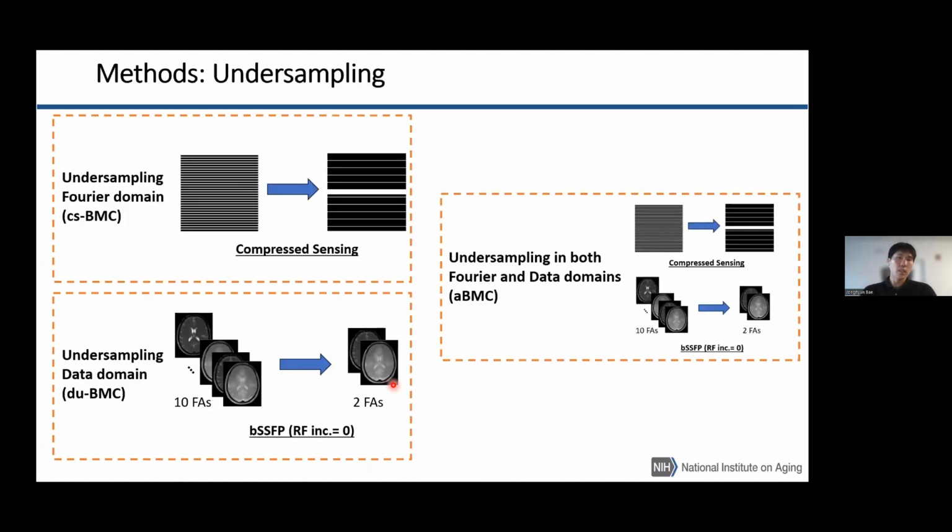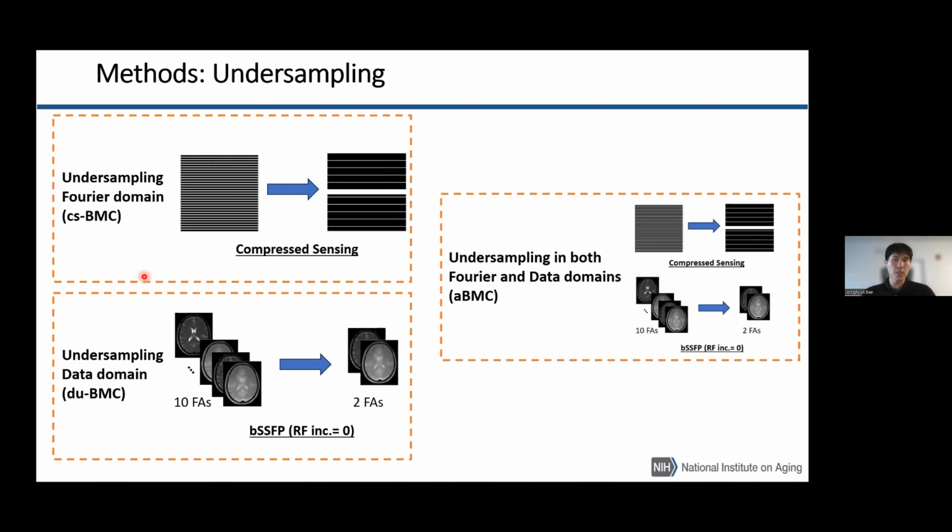So here are different undersampling patterns that we considered in this study. The first pattern here is to undersample the K-space with compressed sensing, and we denote it as CS-BMC. And note that both spoiled gradient echo and bSSFP scans were undersampled with a CS factor of 2.